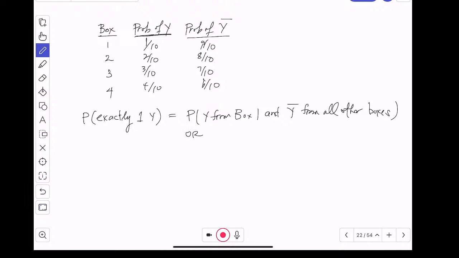Or the event, and I want to find the probability. I could write this out as a long statement, but I'll cut it short. I'm going to write it up as events.